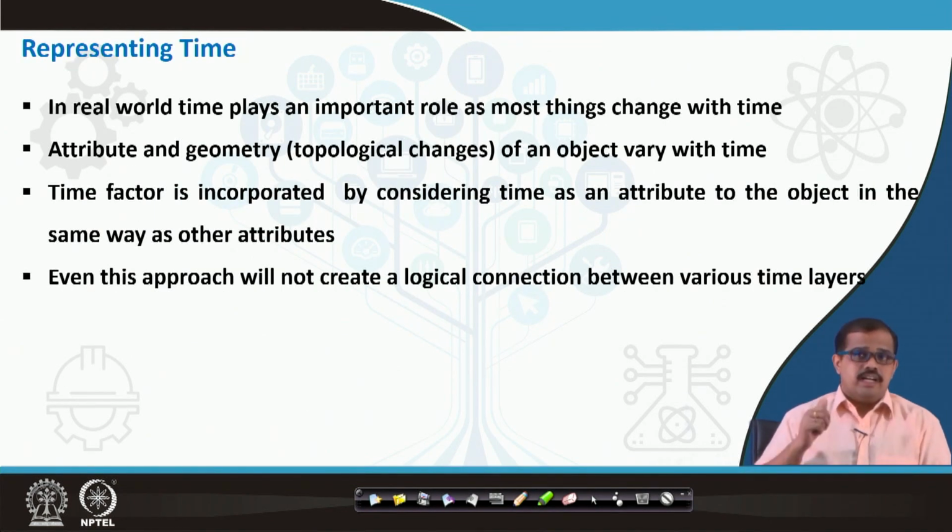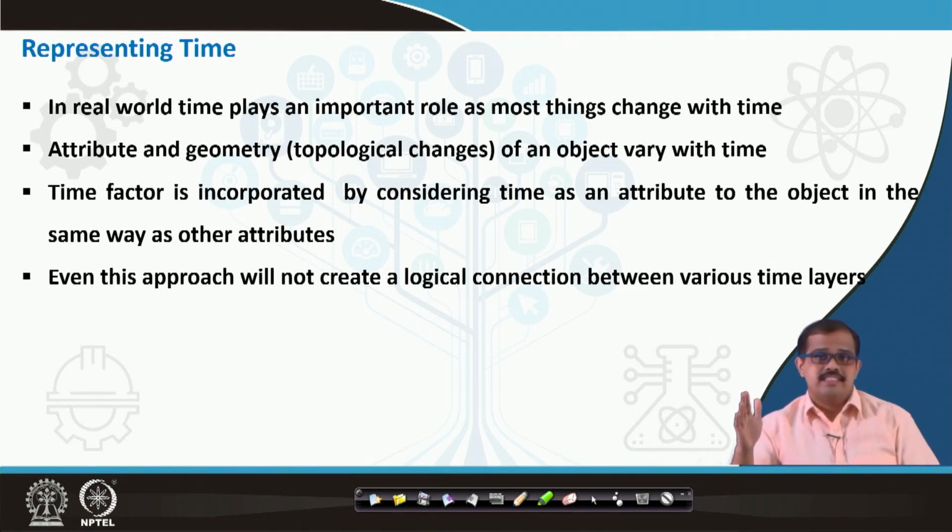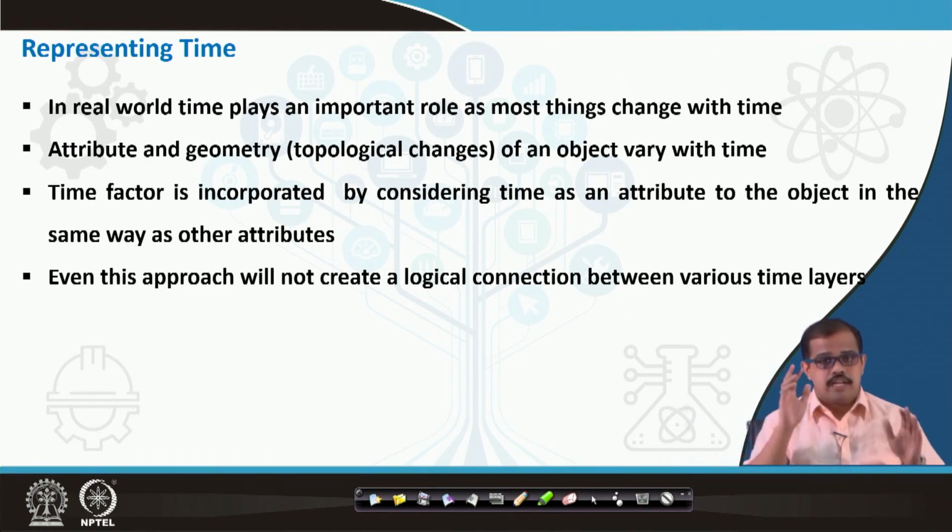I also said that in certain models we have to represent time. So, how do we represent time? In the real world, time plays a very important role where things change. Attribute and geometry, these are two things that we see in a topological change of an object with time. Attributes change.